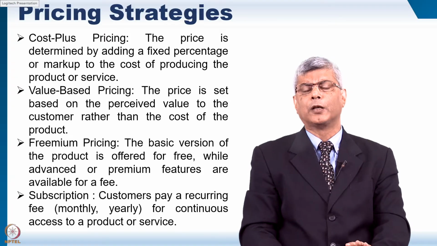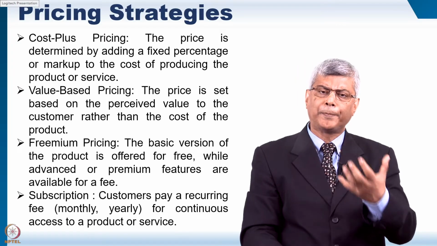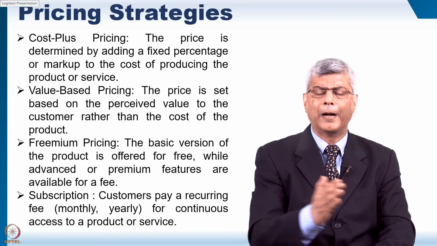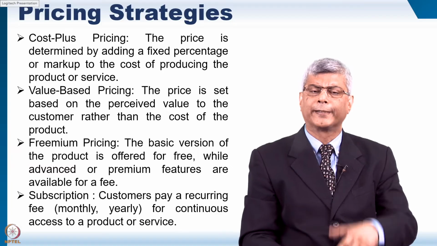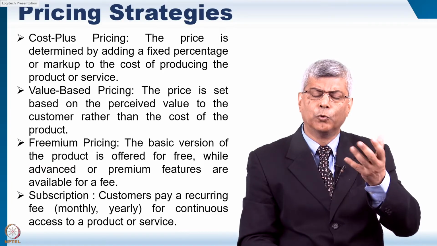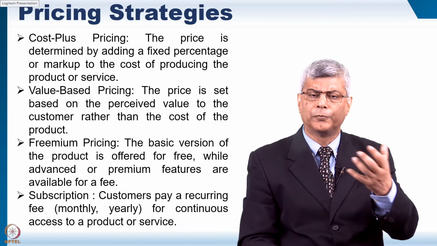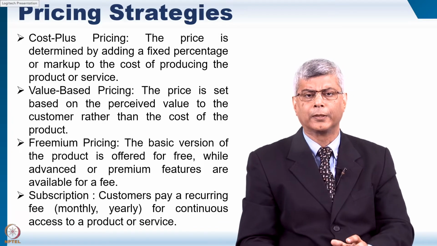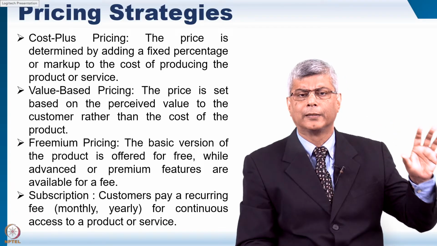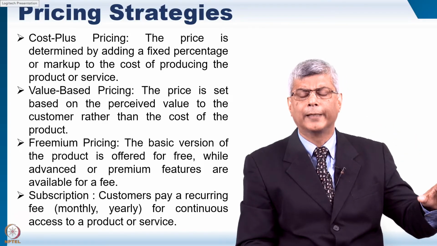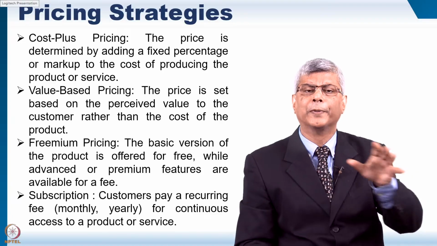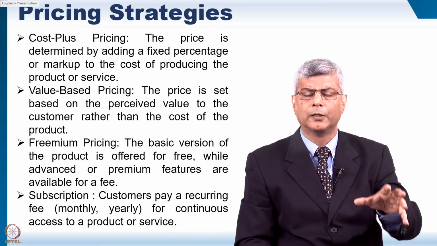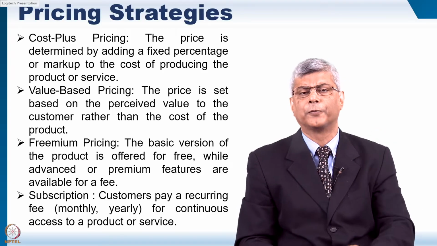For example, one is cost plus. And these are typically used by large companies for commoditized buying or selling. For example, wheat, rice, vegetables, fruits, sugar, etc. You may buy it at 10, and therefore the cost is 10, and you may sell it at 10 plus 2, which means cost plus a certain profit.